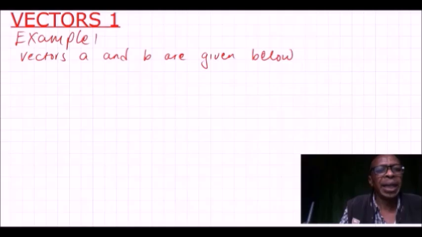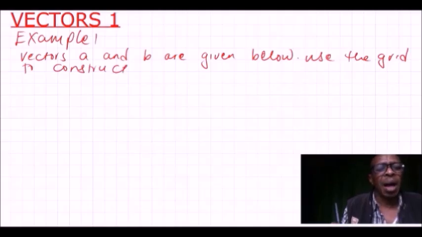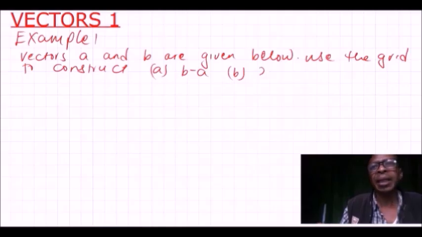Use a grid to construct B minus A, and 3A minus 2B.